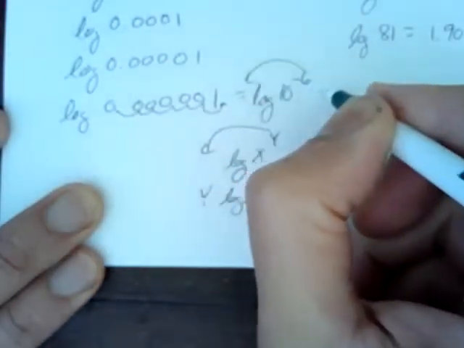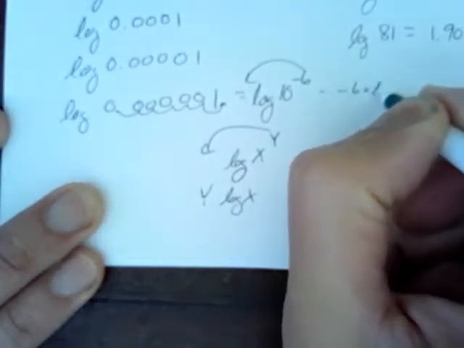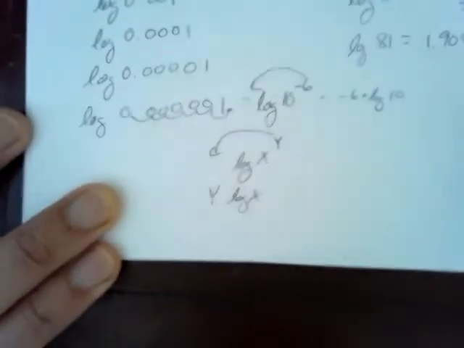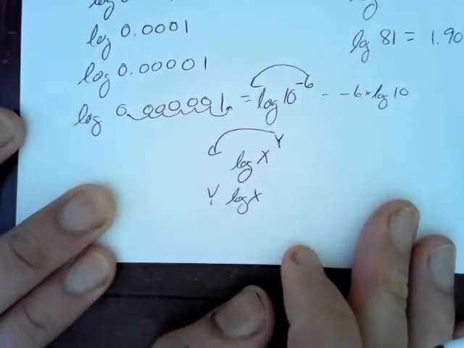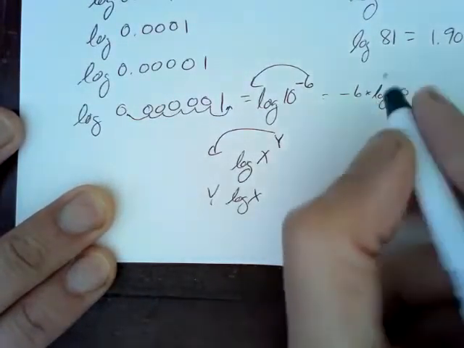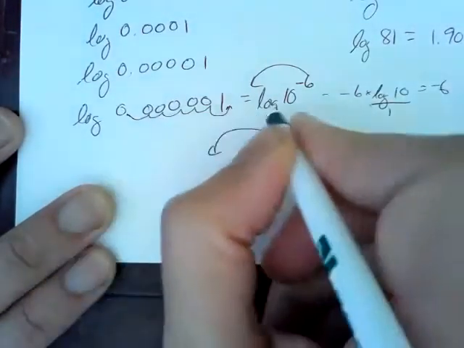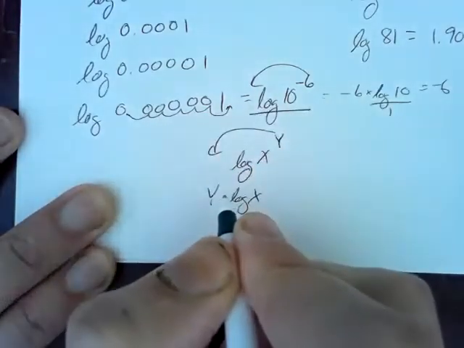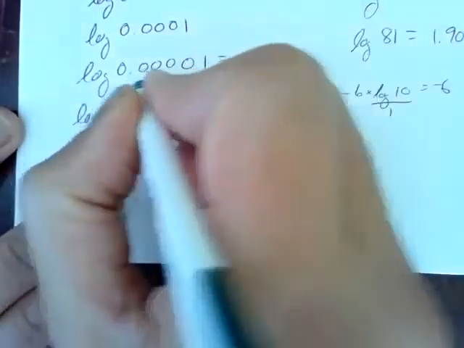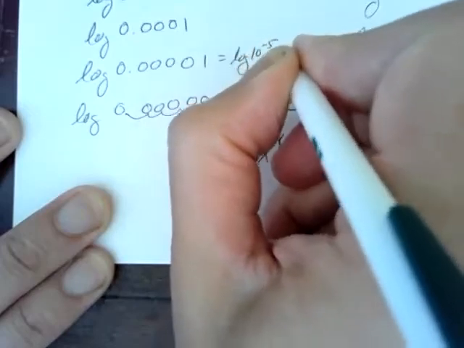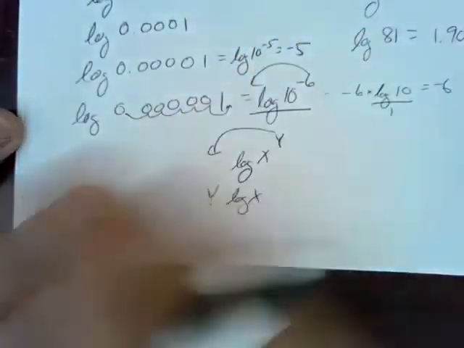So this would become minus 6 times the log of 10. But what do we know the log of 10 to be? It was the very first thing we calculated, or the second thing we calculated. The log of 10 is just 1. So the log of 10 to the minus 6 is equal to minus 6. The log of 10 to the minus 5 is equal to minus 5.